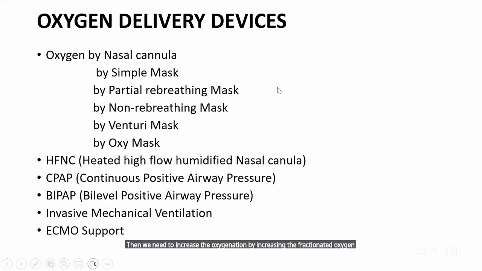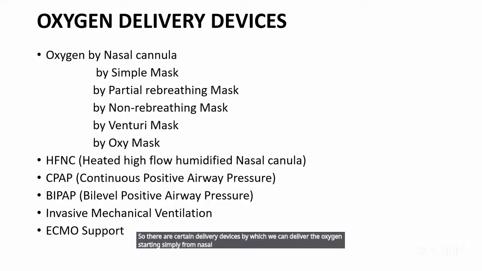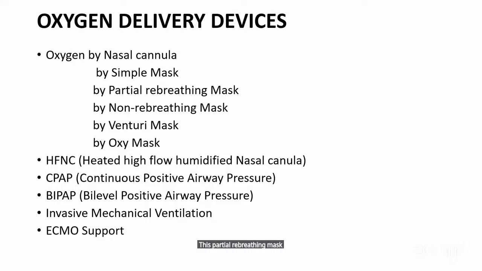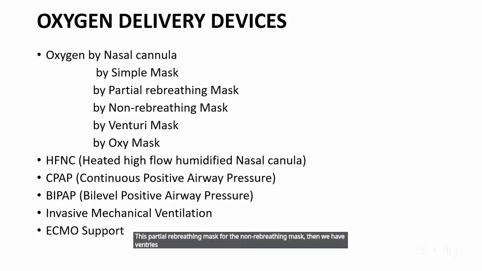There are certain delivery devices by which we can deliver oxygen, starting simply from nasal cannulae, then masks, the partial rebreathing mask or the non-rebreathing mask. Then we have venturi masks, and a newer oxy mask, and then we move ahead with advanced technologies of delivering oxygen like HFNC, CPAP or BiPAP.